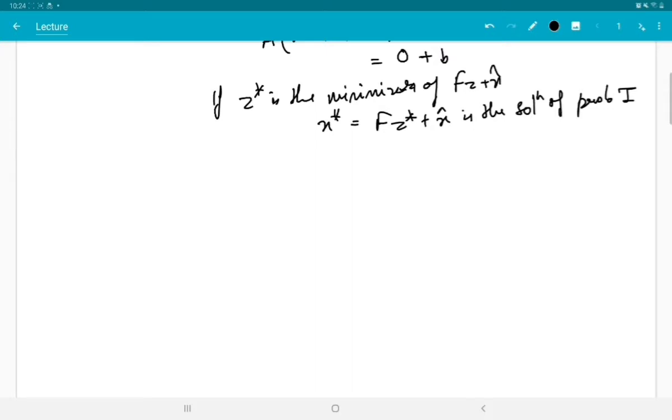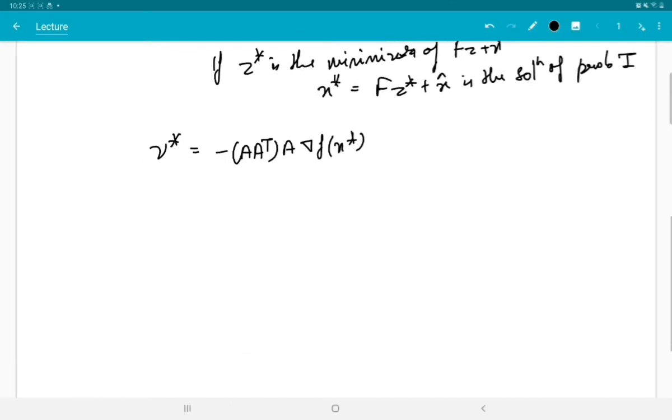The dual optimal for this problem will be nu star = minus (A A transpose) inverse A del f(x star). To see that this is actually the dual optimal, we may use our KKT conditions, which for equality constraint problems are the primal feasibility condition and the derivative condition.